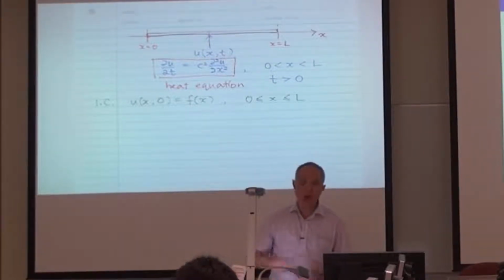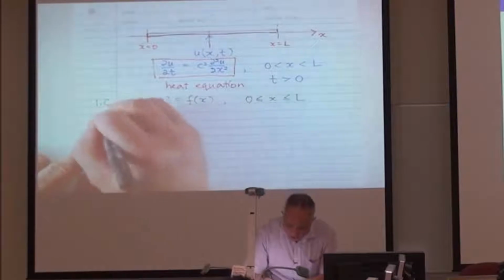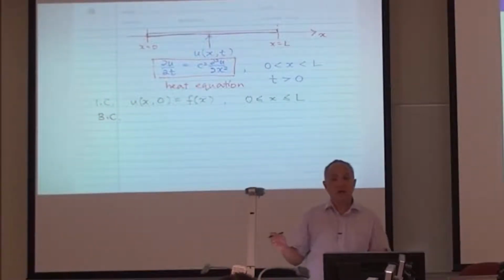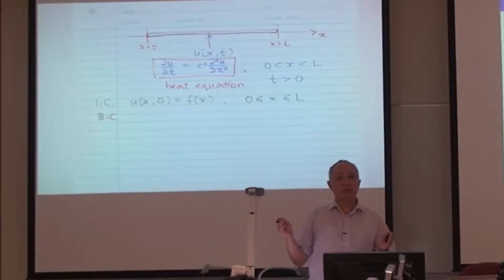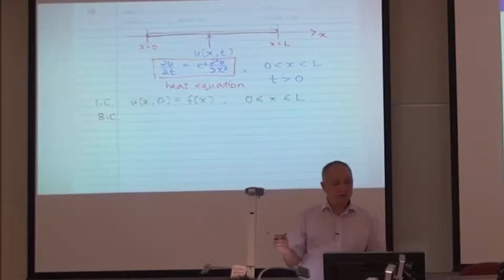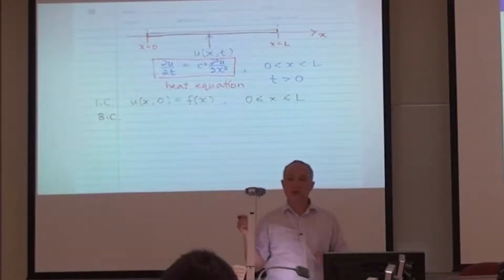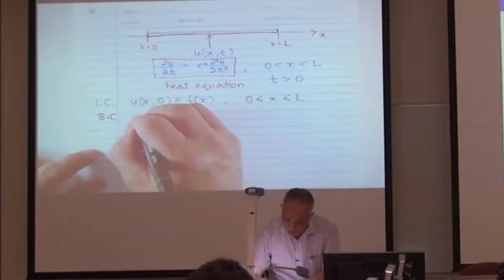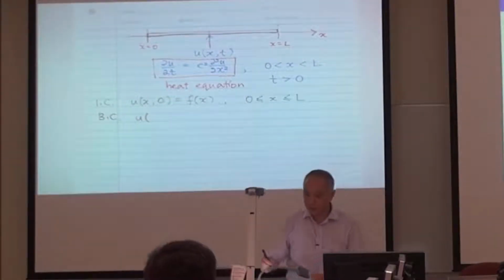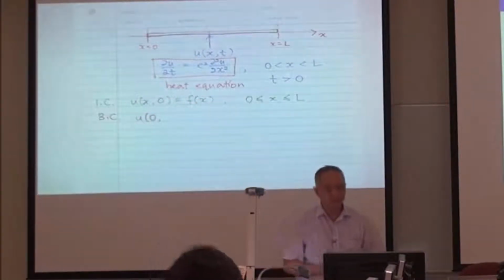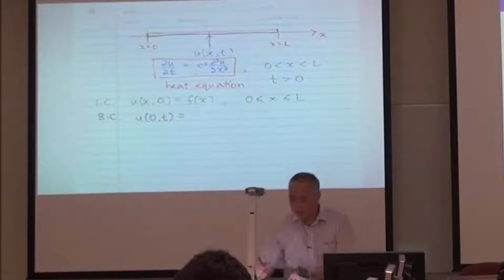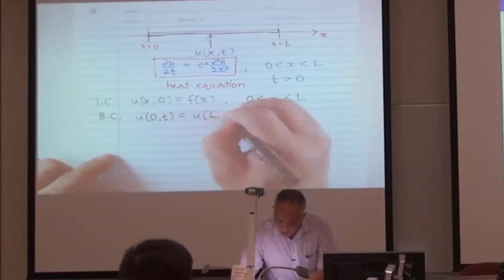Then we have the boundary conditions, BC. The boundary conditions will be, for all time, what is the value of u at x equals 0, and for all time, what's the value of u at x equals L, the two endpoints. So in other words, u at 0 for all t, and u at L for all t.